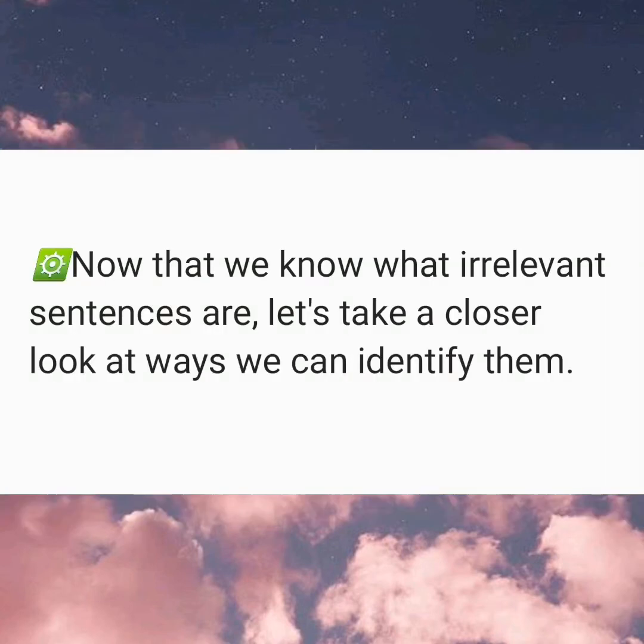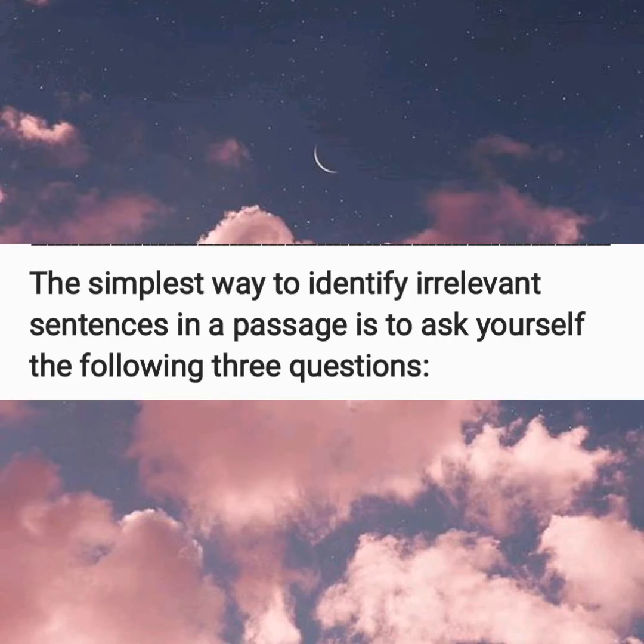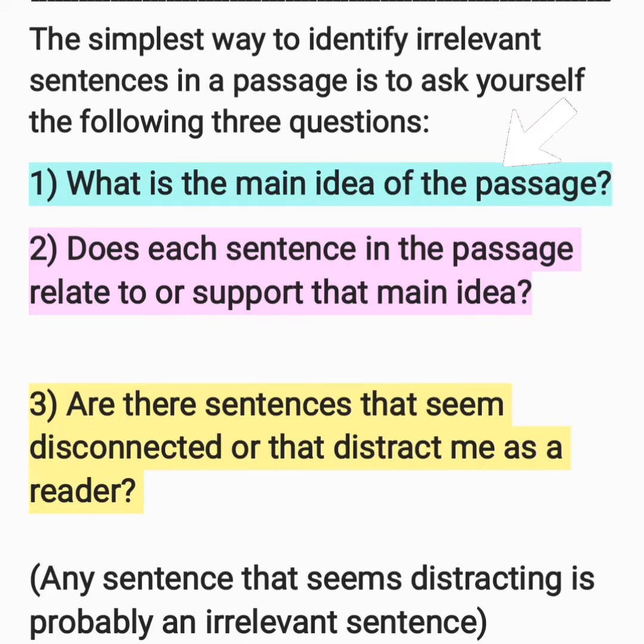Because we know what irrelevant sentences are, let's take a closer look at ways we can identify them. The simplest way is to ask yourself the following 3 questions. The first question is, what's the main idea of the passage?